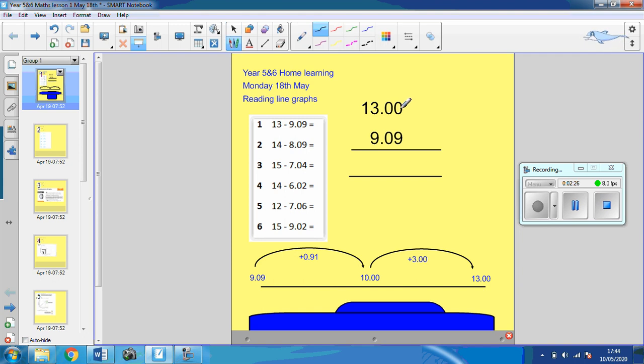So the first thing to notice is that I've aligned these up so they're equal and the decimal points are in the correct place. I go to the hundredths column and I notice that I've got 0 take away 9 hundredths. I can't do that, so I'm going to have to exchange. But I can't get anything from the tenths column because there is no value in this tenths column yet. So I need to go to the ones.